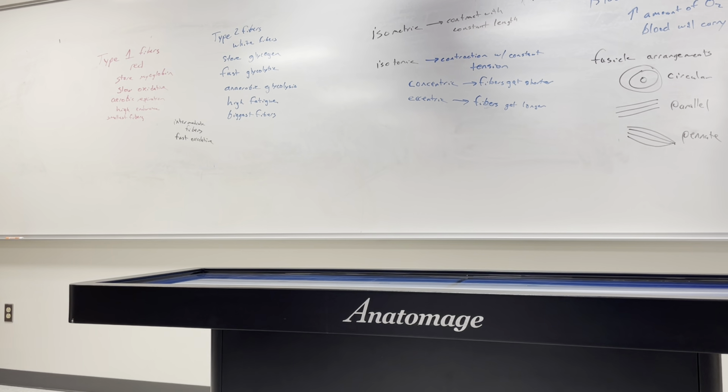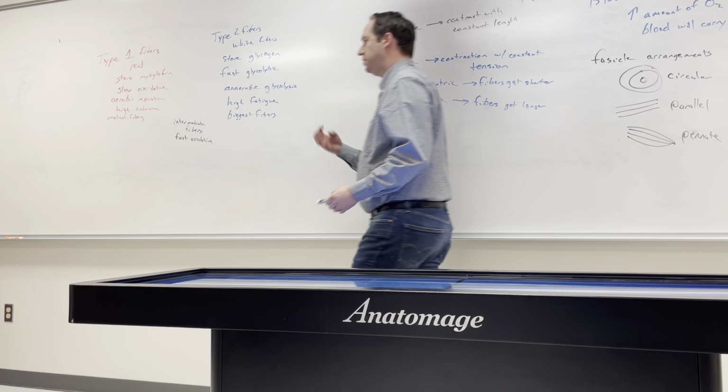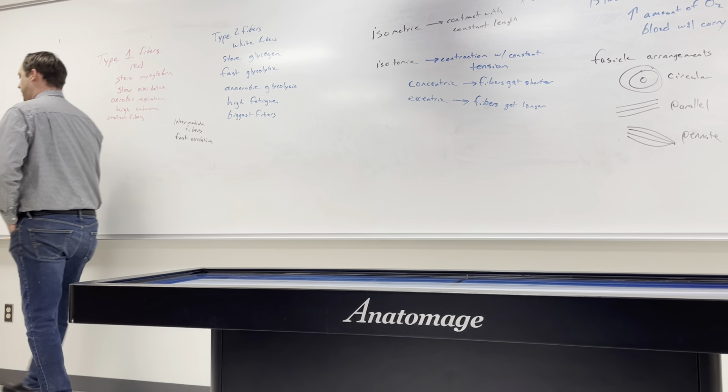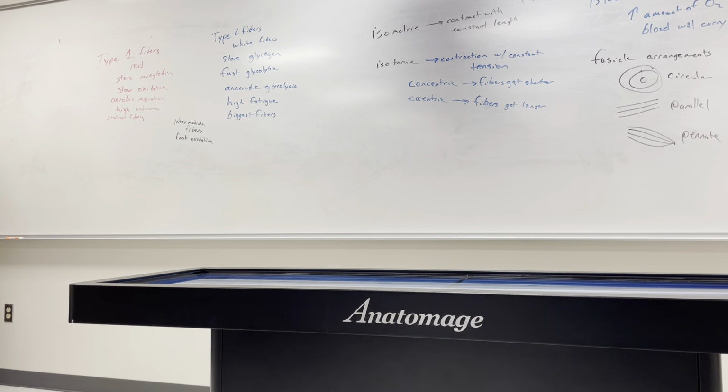This is in order from the weakest arrangement to the strongest arrangement. Those fibers can put a lot more force on its point of attachment when they're all attached at the same point.